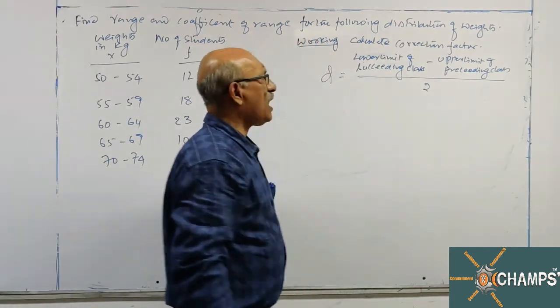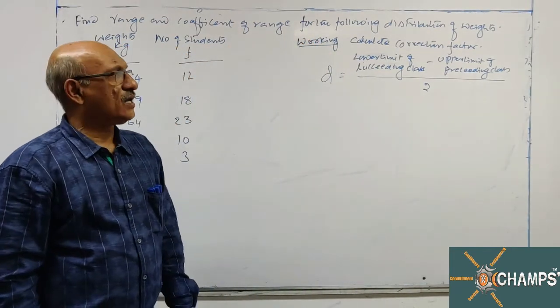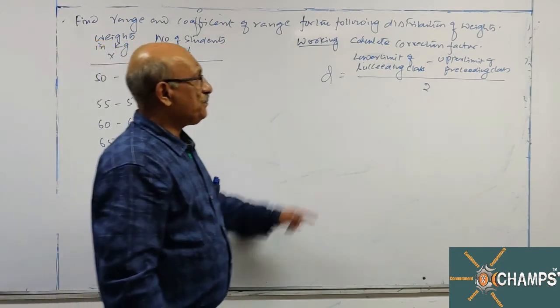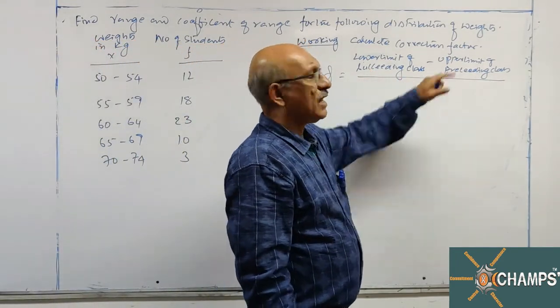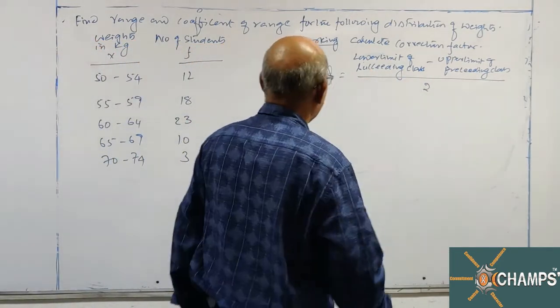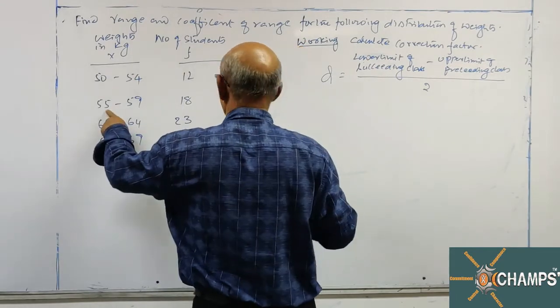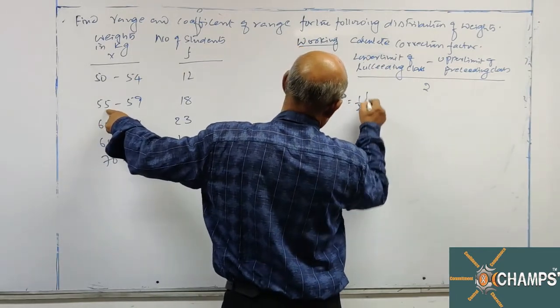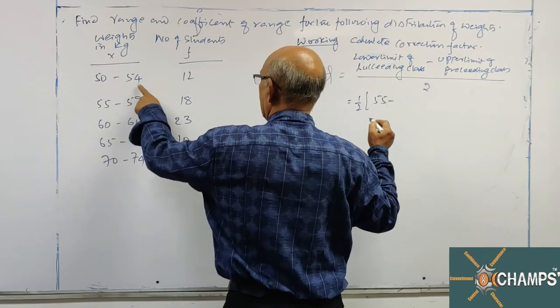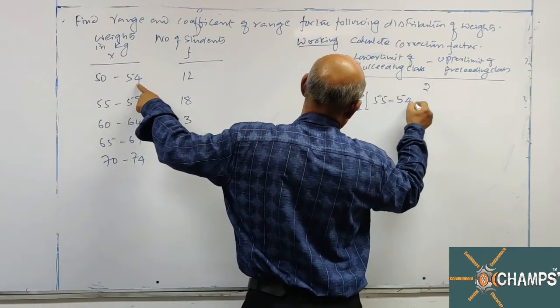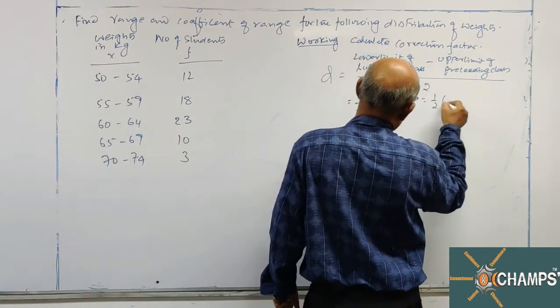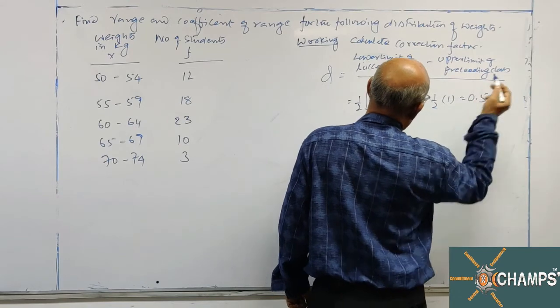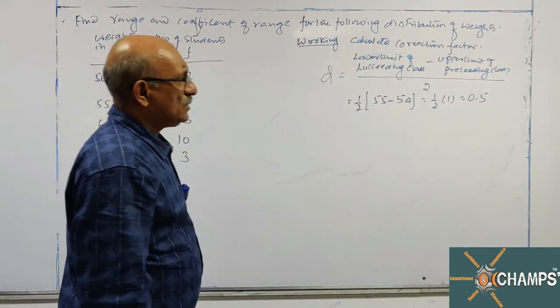Lower limit 55, upper limit of the preceding class 54. This is 1 by 2 into 1, 0.5.